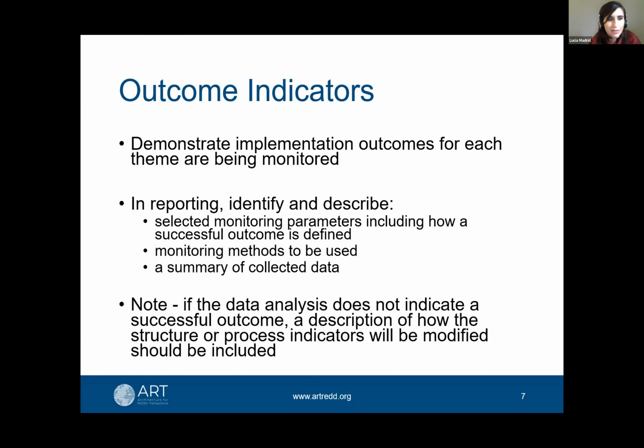If the data analysis does not indicate a successful outcome, a description of how the governance arrangements or supporting processes, procedures, or mechanisms will be modified should be included. TREES does not specify specific parameters, as the ones selected should be appropriate to the circumstances of that jurisdiction. So not ones just arbitrarily selected by ART.